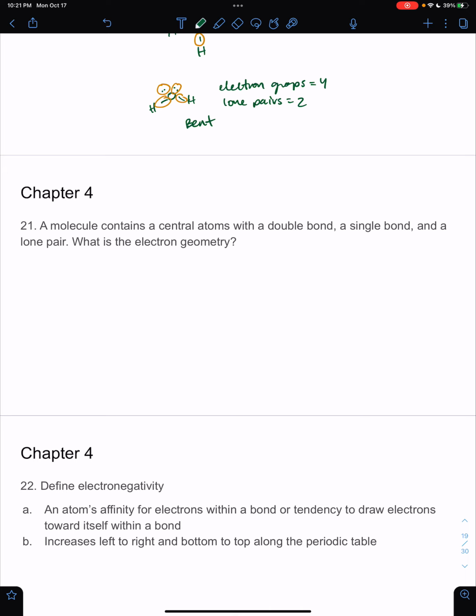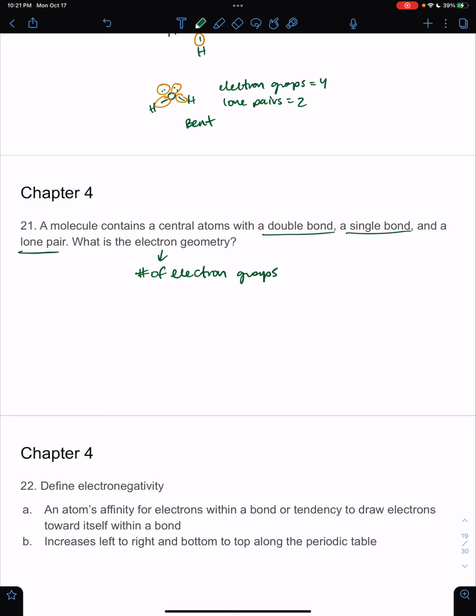You just have to kind of picture it in your head. So if we're looking at electron geometry, we're going to be looking at number of electron groups. So just based on how it's described, it has 1 double bond, 1 single bond, and 1 lone pair.